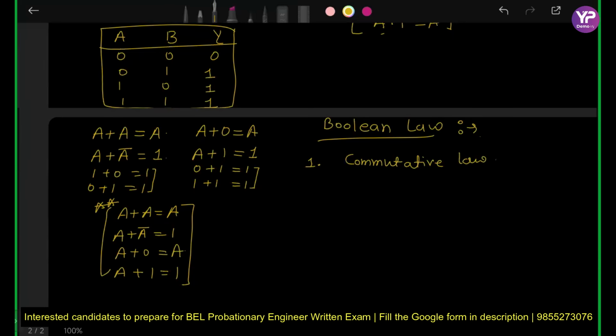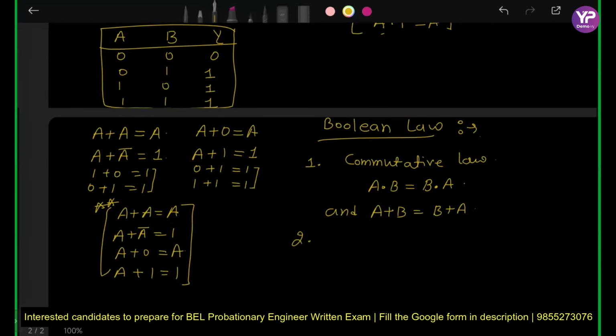Commutative law means A and B is going to be B and A, and A or B always equals B or A. Remember this, because sometimes he asks which operator will not follow the commutative law, and which ones follow it. These two follow the commutative law.